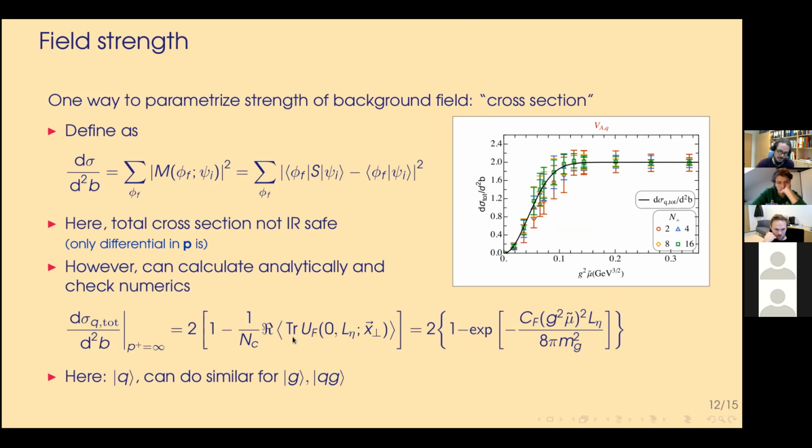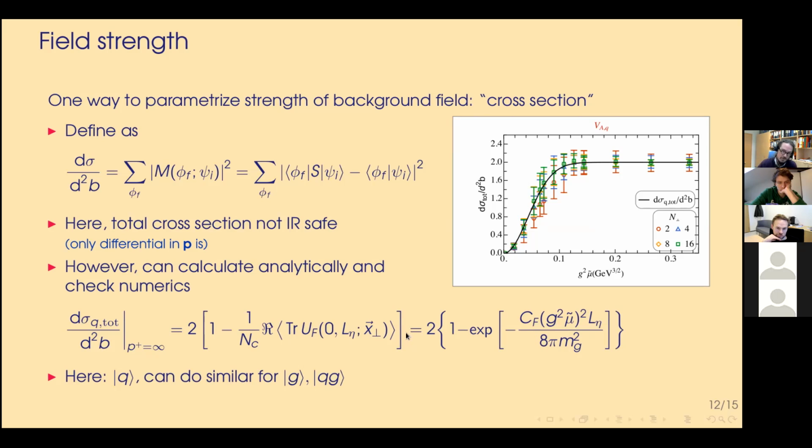It's given by the expectation value of a single Wilson line. So this is another way of seeing that a single Wilson line expectation value is not a color singlet, and it's not going to be infrared safe. Consequently, it goes like exponential of minus 1 over mg. mg is a cutoff; you would, in principle, want to take mg to 0. But if you do take mg to 0, then you get exponential of minus infinity, and you get a cross-section of 2.